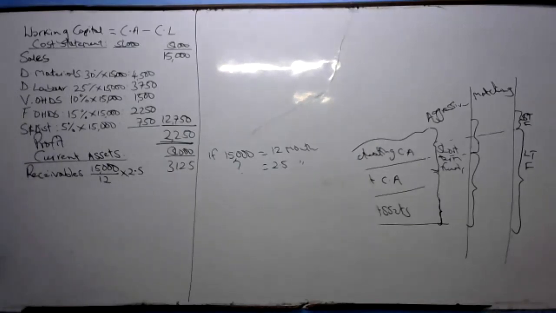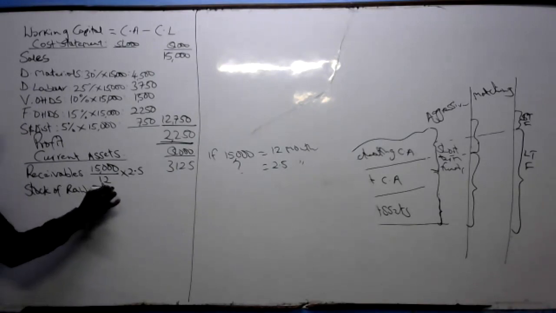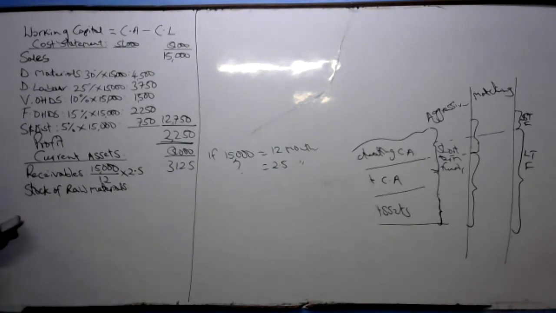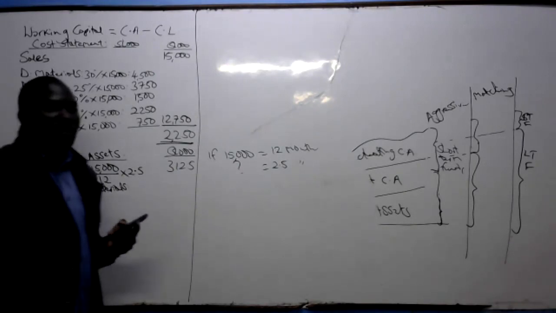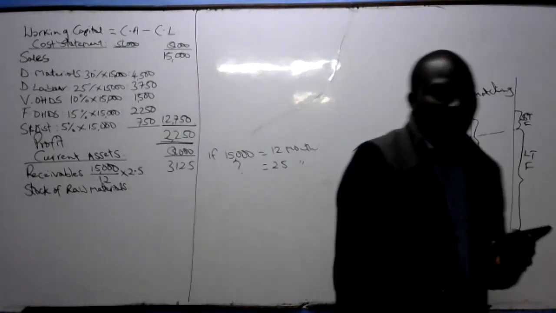Another current asset, stock of raw materials. This is a manufacturing firm. Manufacturing firm has 3 types of stock: raw materials, work in progress, and finished goods. So we need the stock of raw materials. We hold raw materials for how long? For 3 months.